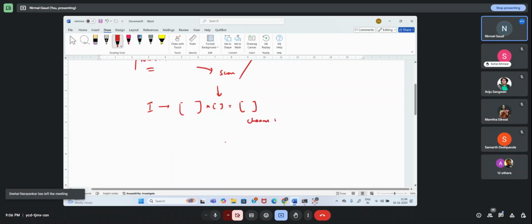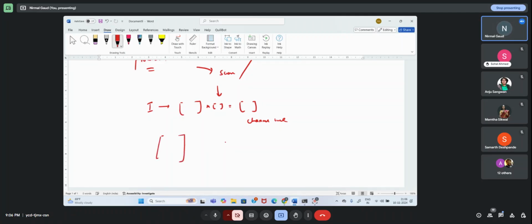channels increase. And if we use standard convolution only, that means if you have an image with this much number of channels, this much depth, okay, this much number of channels.